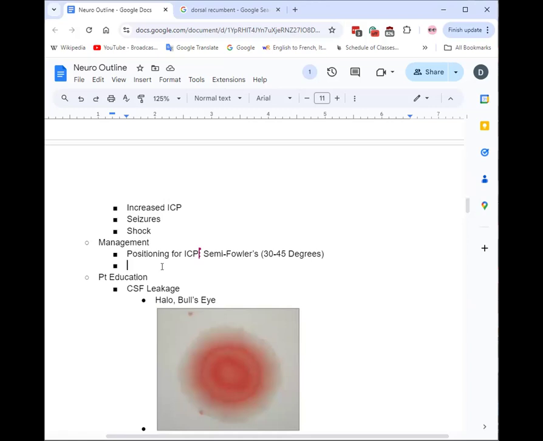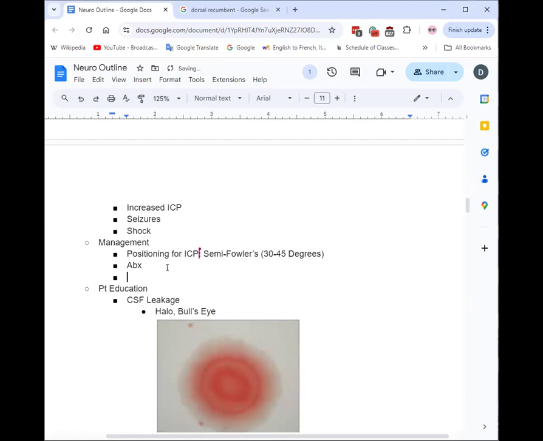So, antibiotics. Yeah, you want to do some antibiotics for sure, and low light. You can cluster that into decreased stimulation. So we talked about photosensitivity. Is there anything else that they'll be sensitive to?